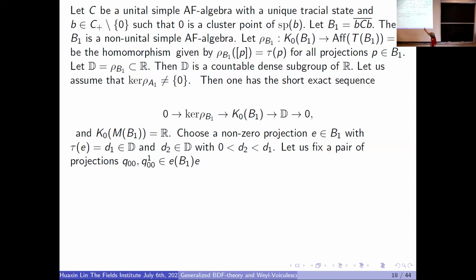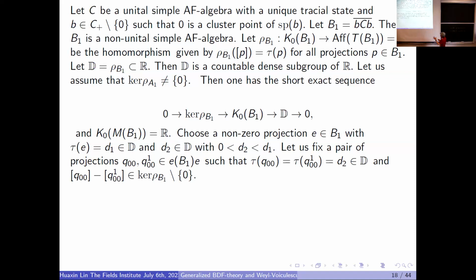And then we fix a pair of projections in this corner such that the traces have the same value as D2. Okay, but we assume that actually they are not the same in K0. So the difference is a non-zero element, an infinitesimal element.